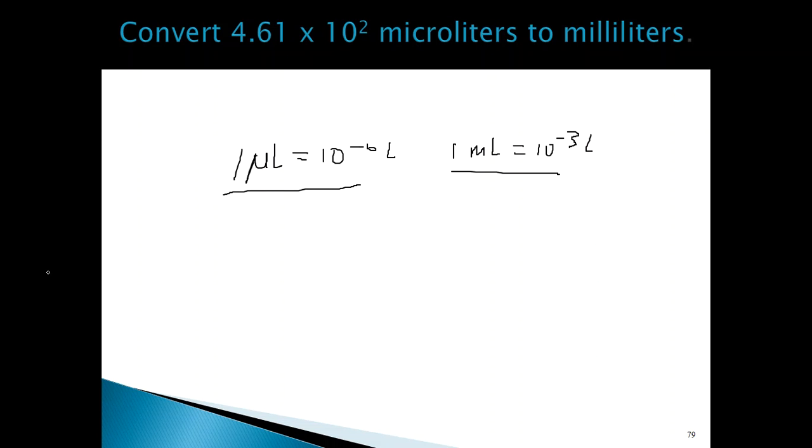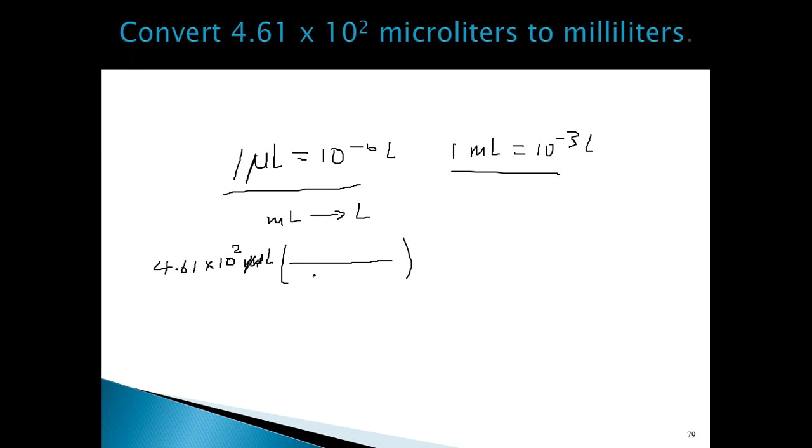So let me start off with what we're given here. We're given 4.61 times 10 to the 2 microliters, all right? Now the first thing I would do is take the value expressed in microliters and convert it to liters, since I know the direct relationship between the two, and the conversion factor I would use for that is representing what we have here.